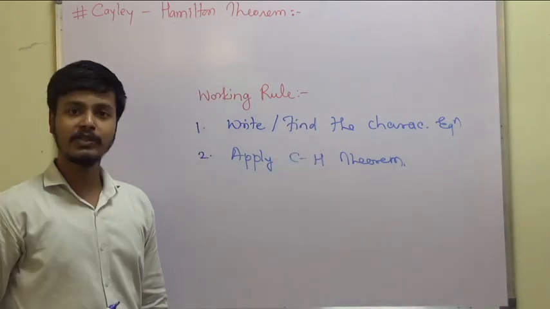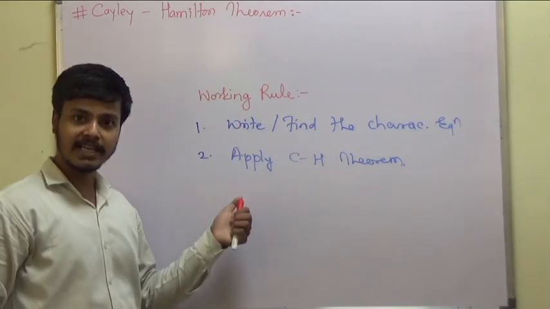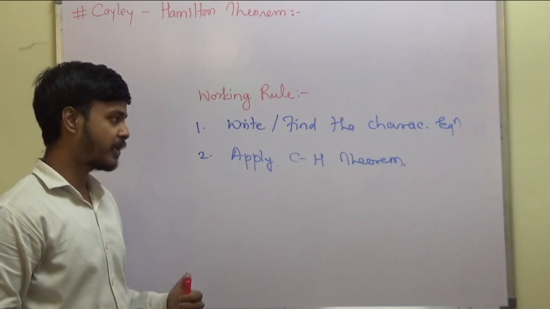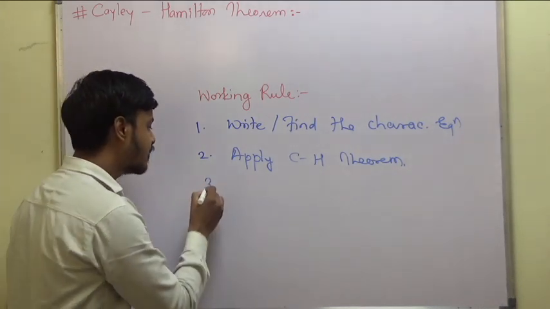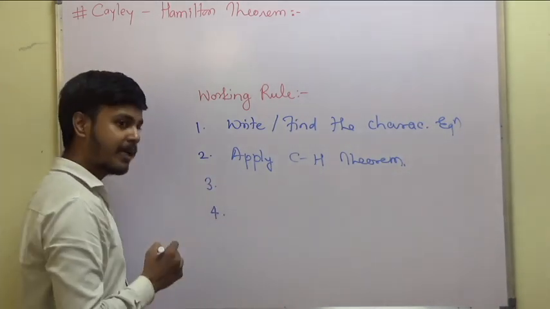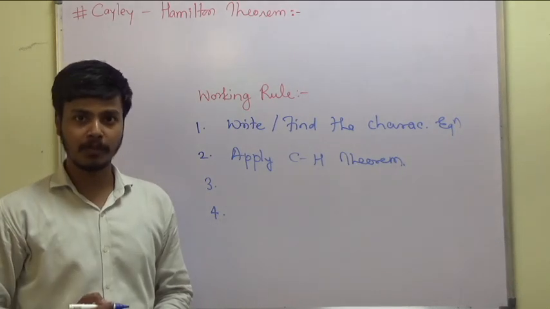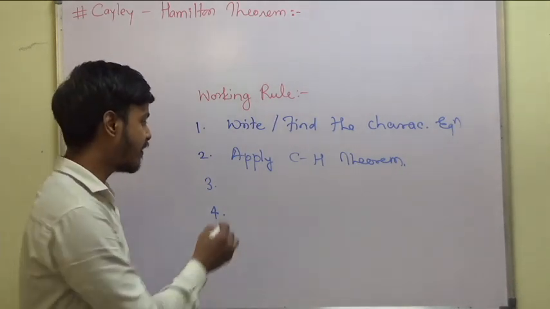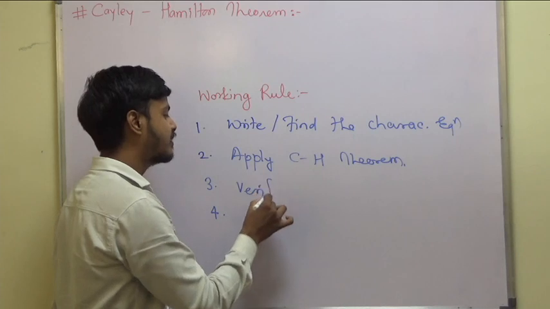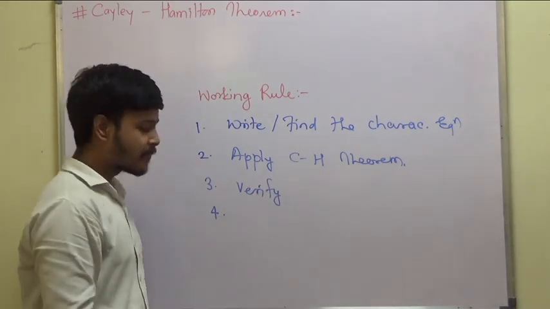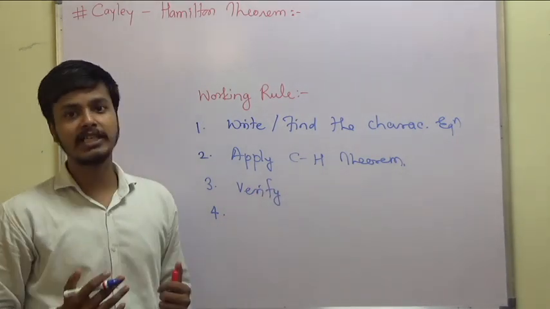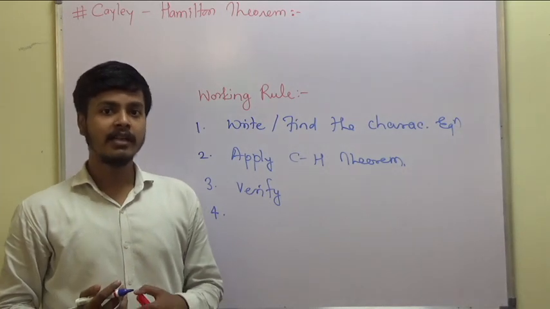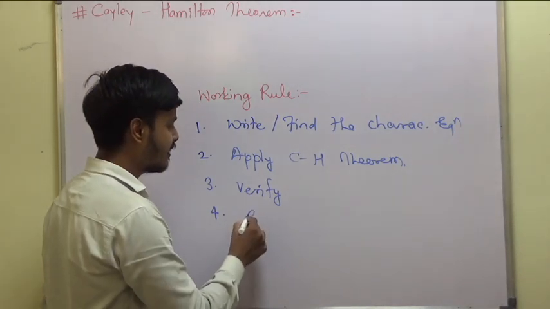So these were the two steps which are common for all the examples throughout this topic. The third and fourth steps depend on the type of problem. In the last problem we had to verify, so the third step was the verification step, and the fourth one was to reduce the given polynomial into a linear polynomial, that is the result.